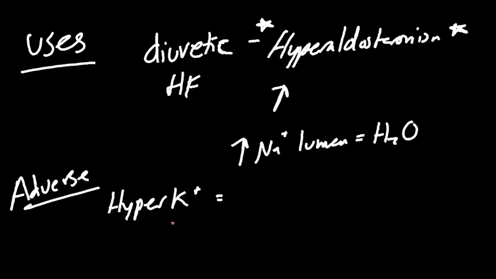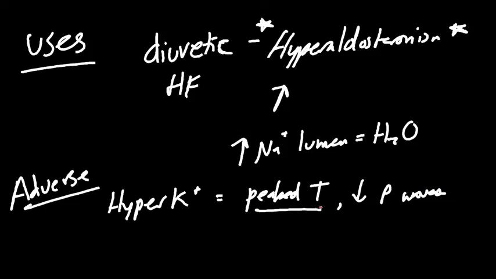In a patient with hyperkalemia, you could possibly get peaked T waves on EKG. That's a sign of hyperkalemia. Also, you may have absent or diminished P waves. Peaked T is a sign of hyperkalemia, while decreased P waves is also an indication of hyperkalemia.